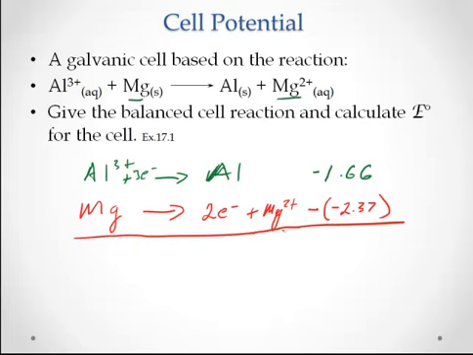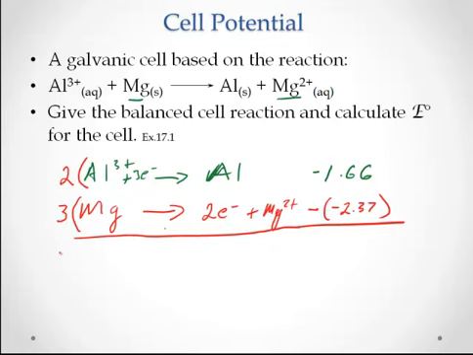Now remember, when we balance redox reactions, not only do the atoms have to be balanced, but the charge has to be balanced. So we've got to make sure that we balance everything. What would I multiply these by? I would multiply these by 3, to get 6 electrons, and I'd multiply these by 2 to get 6 electrons.